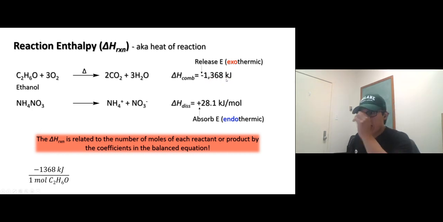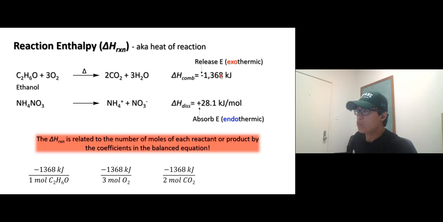If you use excess ethanol but 3 moles of oxygen, same thing, 3 moles of oxygen produce the same number. Producing 2 moles of carbon dioxide requires that heat coming out, right? Producing 3 moles of water, this reaction will also produce the same amount of energy. So it's per mole of the coefficient of each species in the reaction.